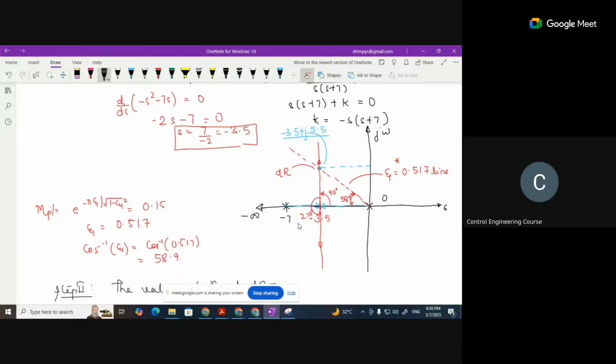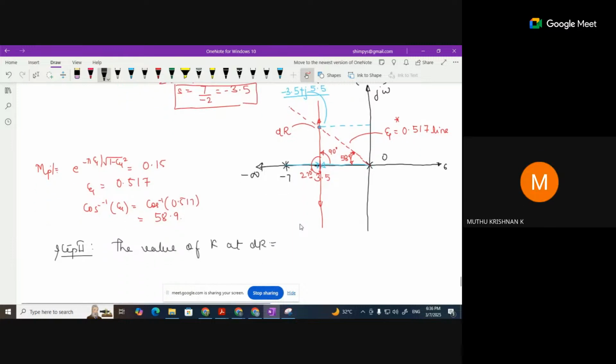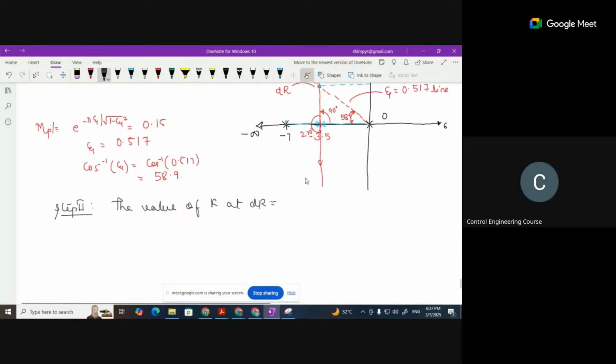Shall I tell you how much I got? Is it 3.5 square plus 5.5 square? Does it come out to be 42.25? Correct, right? So up till here it is clear to you.